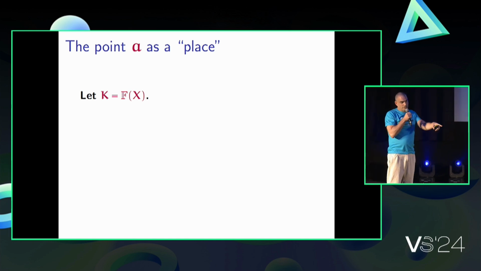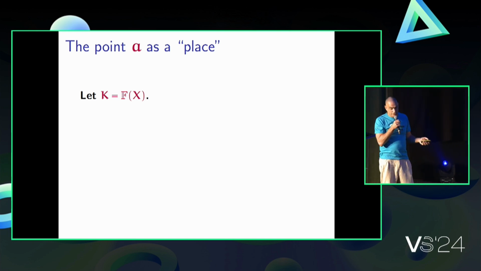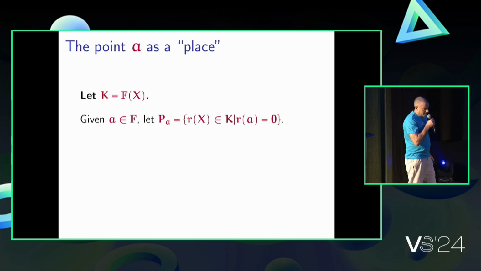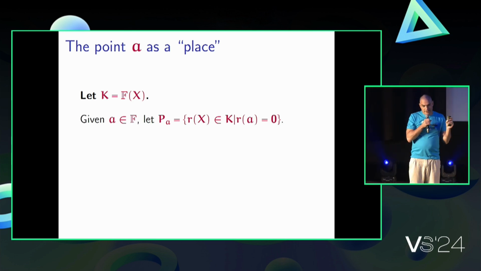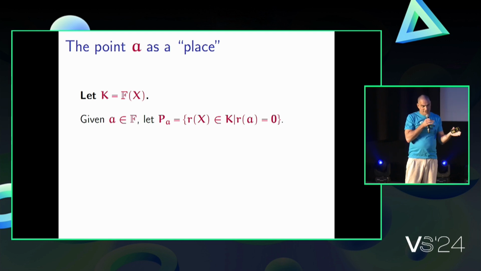So let's call K the field of rational functions over F. And now, given some point a in the field, let's match it with this set P_a. So P_a is all rational functions that are 0 at a.